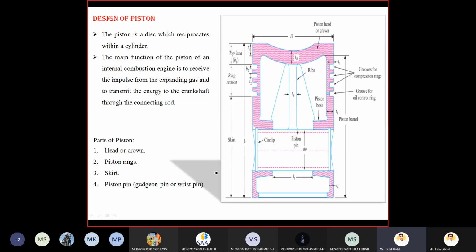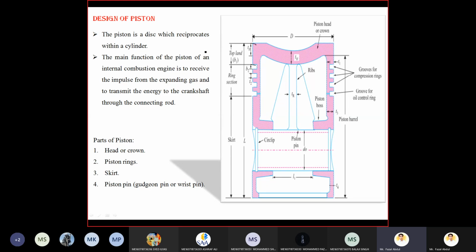Okay, now see here, for the design of piston also, this figure as well as the terminology, the entire things, you should remember. Okay, so the top portion from here to here is referred to as the top end. Before the nomenclature, what is the piston? Here see, the piston is a disc which reciprocates inside the cylinder.